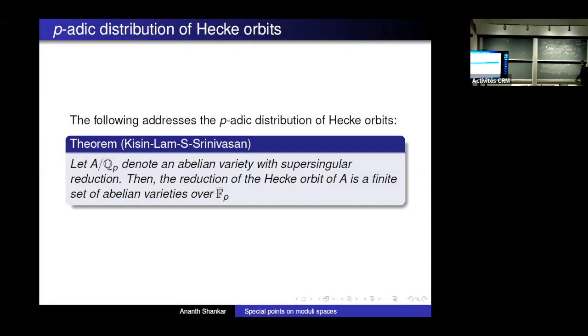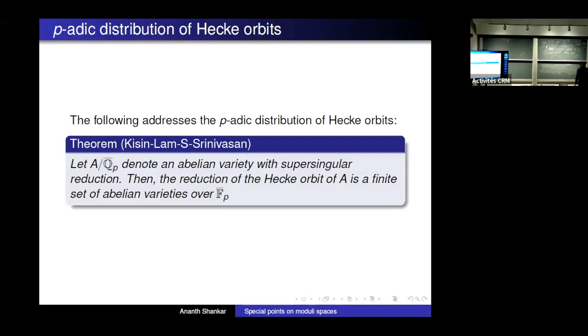What's the difference between the two? Start off with an abelian variety in characteristic 0. Take everything isogenous to it. You get some number of abelian varieties. That is mod p. Now you take your abelian variety, reduce it mod p, and look at everything isogenous to it. So what I'm telling you is most isogenous ones don't lift.